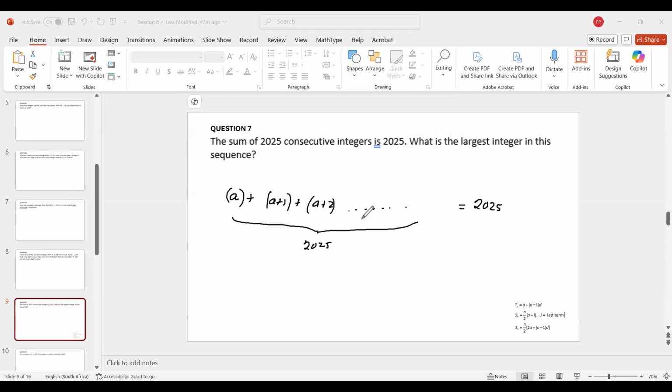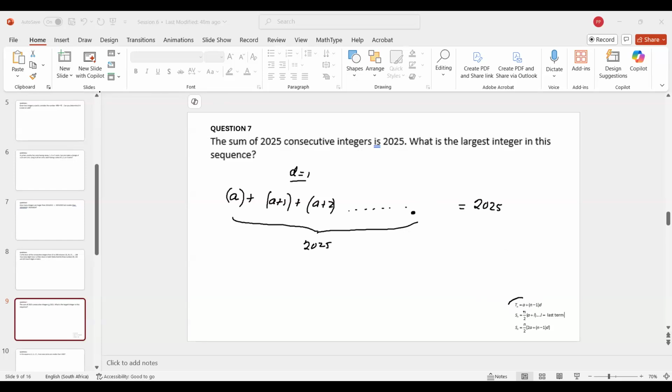Okay. Now, you can see the common difference is D, which is 1, because you're adding 1 all the time. Right? And we said that the last term, I've got the formula down here. You might not be able to see it. It's written very humbly at the bottom here.